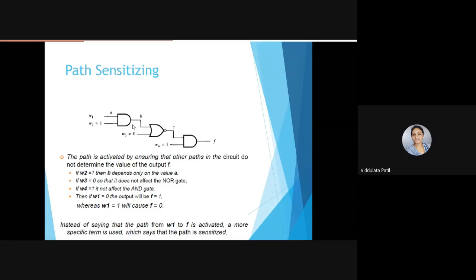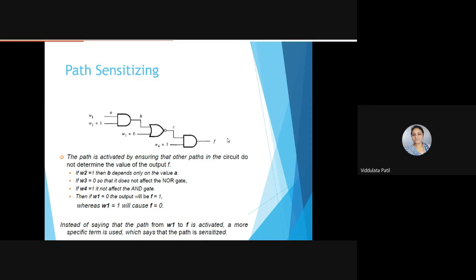The output of that AND gate is connected to a NOR gate, and another input to that NOR gate is W3. Then the output of the NOR gate is connected to another AND gate, and another input of that AND gate is connected to W4. Then we get the output of that gate, which is the OR gate.